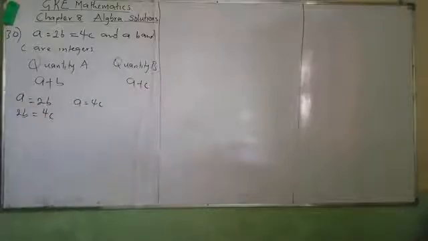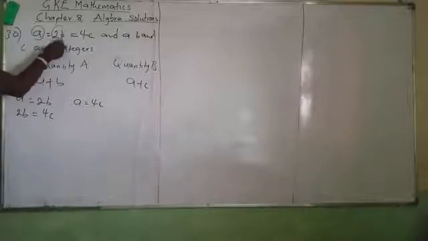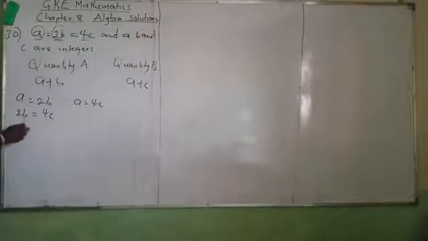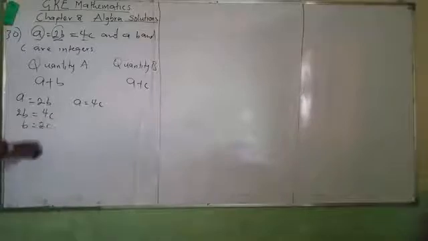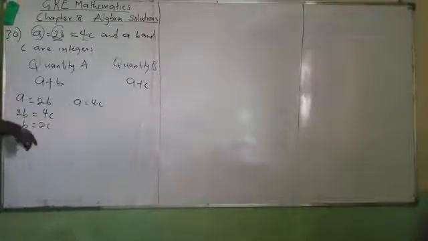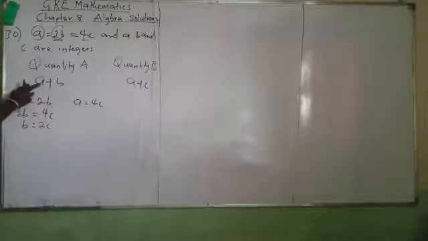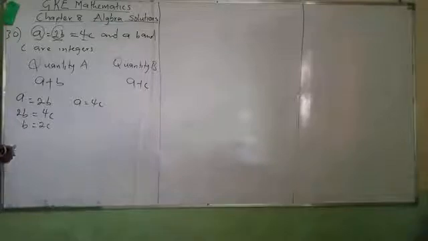Now I just simplify those: this equals this, and this equals this. Normally my B will be equal to 2C. Now I can say that B equals 2C. Can I express this in terms of C? Okay, let me express it in terms of B.